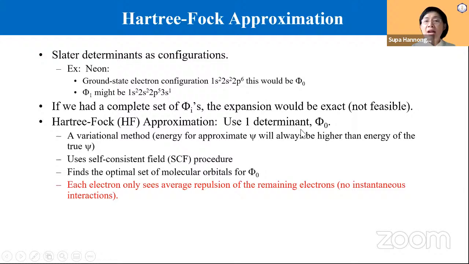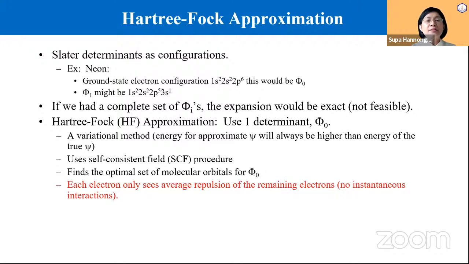For example, the ground state electron configuration only. In this way, we need to apply the variational method. This kind of variational method, I will talk about a little bit later. We consider that the energy for the approximate wave function will always be higher than the energy of the true wave function, right?